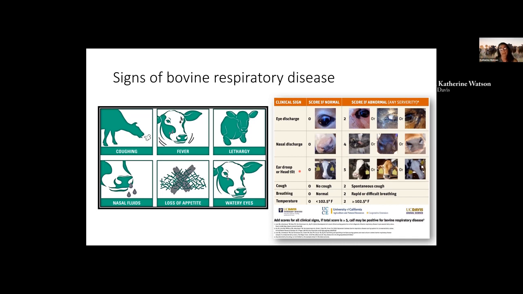If you've ever had an inner ear infection, you know that can be really off-putting and can make you feel like you're on a roller coaster because you can't quite balance yourself. So these are all things to look for if you're trying to decide if one of your animals has bovine respiratory disease. Ask yourself, does it have eye discharge, nasal discharge, droopy ears, coughing, difficulty breathing, or a high temperature?